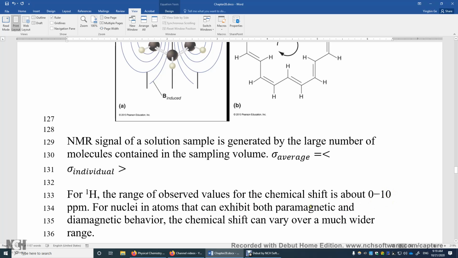If you have a carboxylic acid, that H has a very large chemical shift, because the COO functional group can withdraw electrons from the hydrogen nucleus effectively.